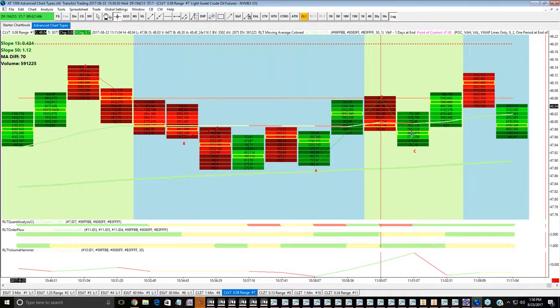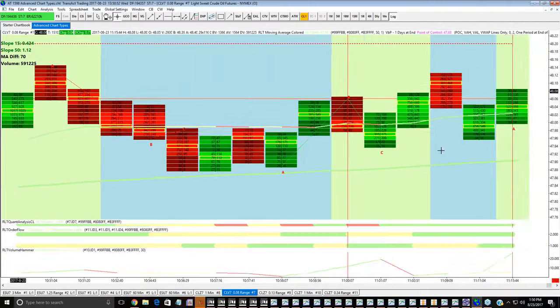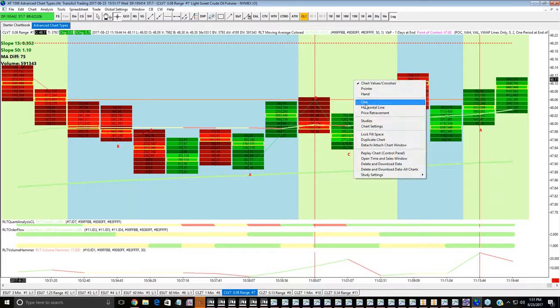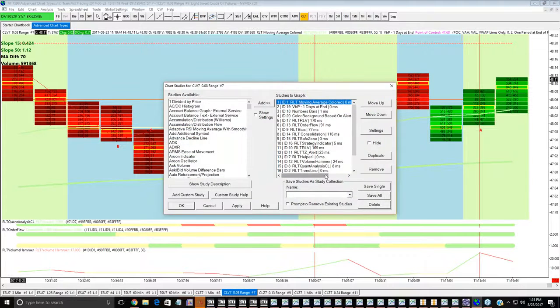Now, remember, I may have talked to you about it in the past, but on a long trade, when you come into the point of control, you're coming into an area of support. Because you know an enormous number of traders, or a significant number of traders, this is an area of intense buying. So, and let me change it to the histogram again. So you have to be very careful when you trade.